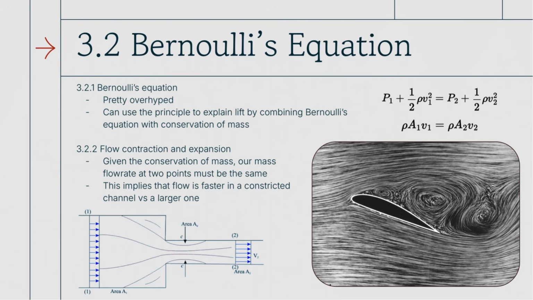And since it has to increase that velocity, then you can see by this conservation equation here, if your velocity increases, then your pressure decreases. And so that's why if your velocity is moving faster at the top, your pressure is decreased, and so you get that high pressure, low pressure region that explains lift.